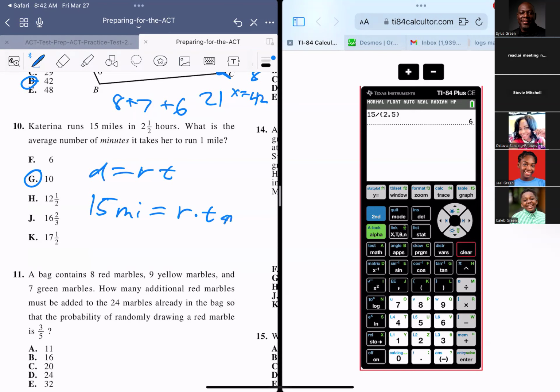Yeah, that's how you do it. Okay, I know what I did. I was doing it right. I just didn't flip the denominator because I put 15 miles over 150 minutes.